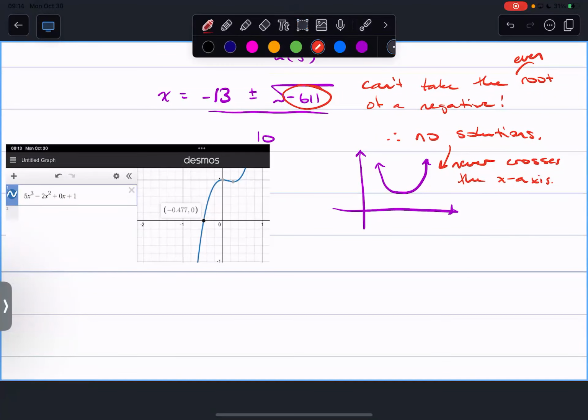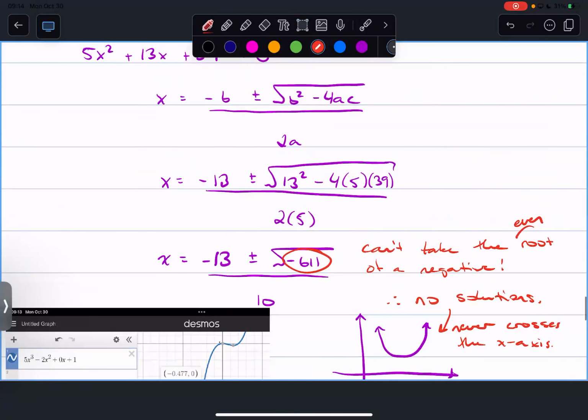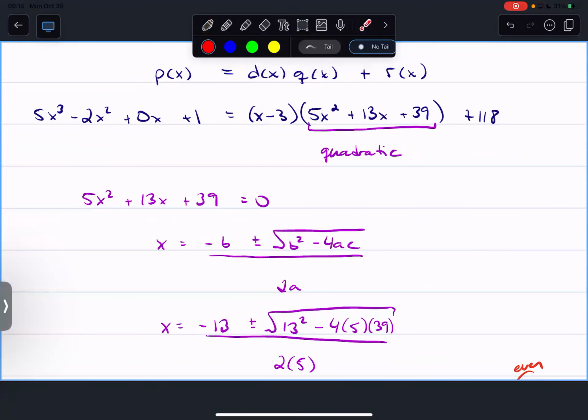Okay. And so here, what we decided was that this portion can never be 0, right? And so no matter what we do, that's never going to go to 0. Our only hope is x minus 3. We can make that go to 0 or go to what?